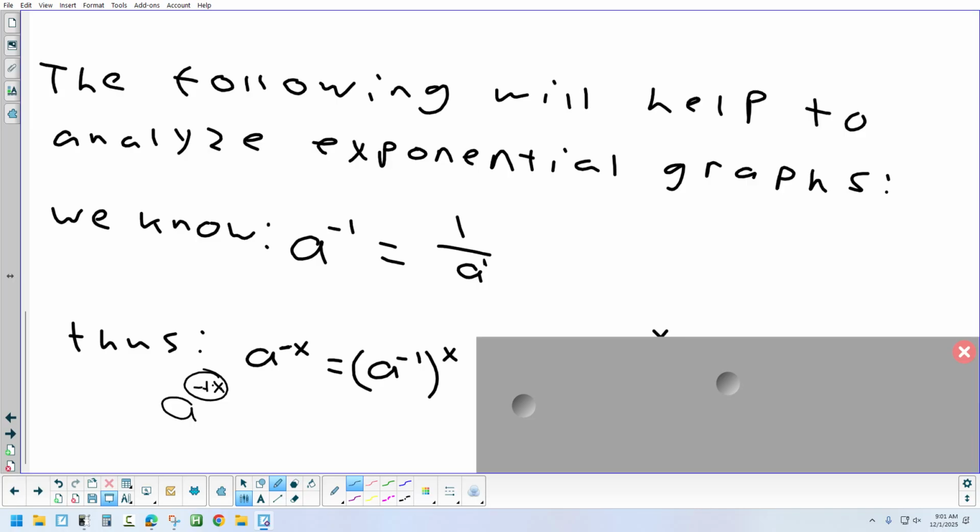So we have a to the negative 1 to the x, power to a power. And then if we simplified it, we go back to this step where we multiply them together. The reason I wrote it like that is because we can fix that a to the negative 1. What did we just say up above a to the negative 1 is?